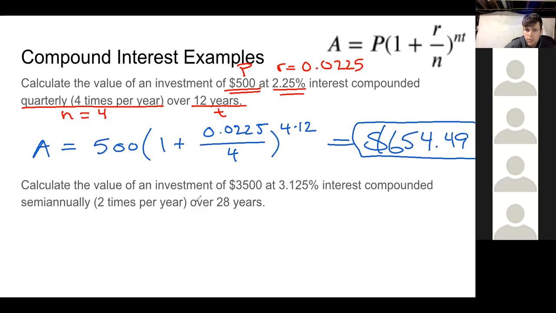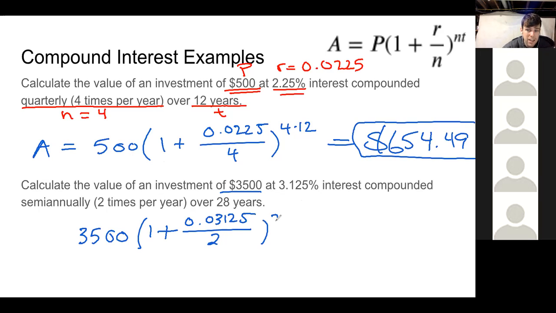So let's do one more calculation. So an investment of 3,500, that is our P, at an interest rate of 3.125%, so that's 0.03125, compounded semi-annually, which is 2 times per year, over 28 years, so 2 times 28.